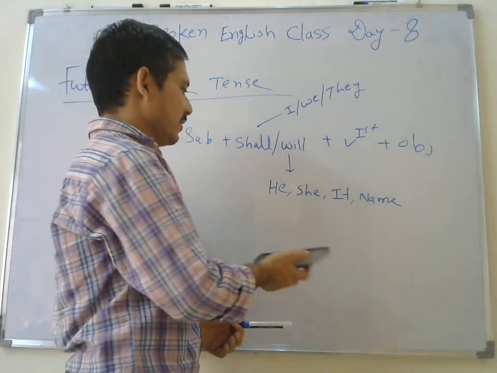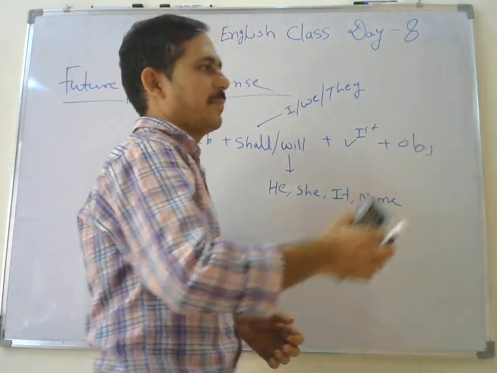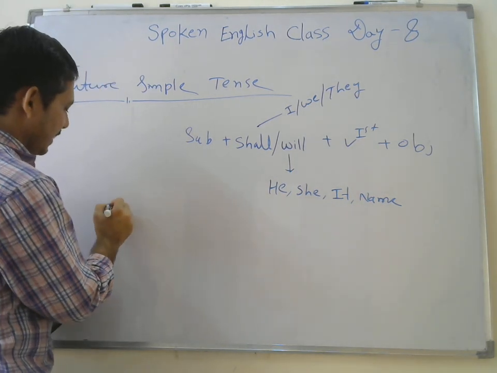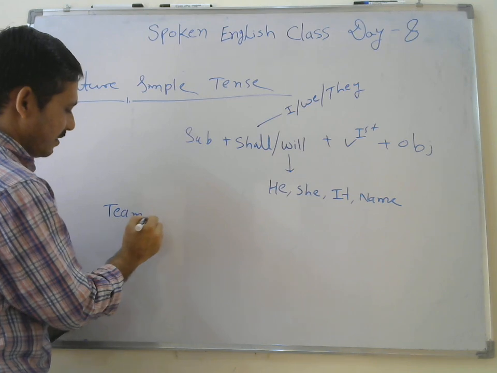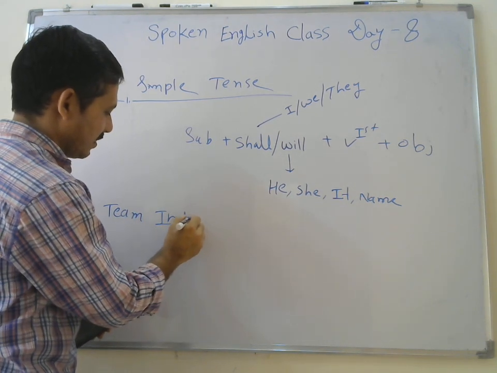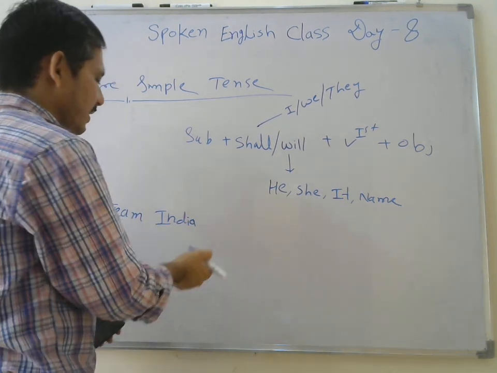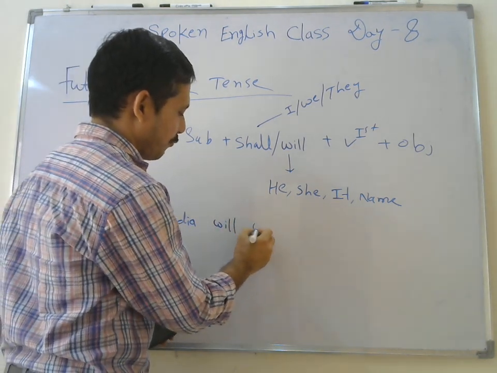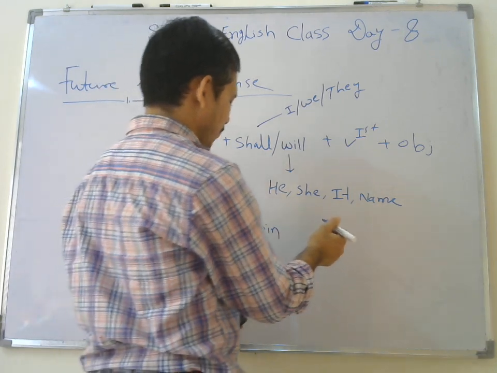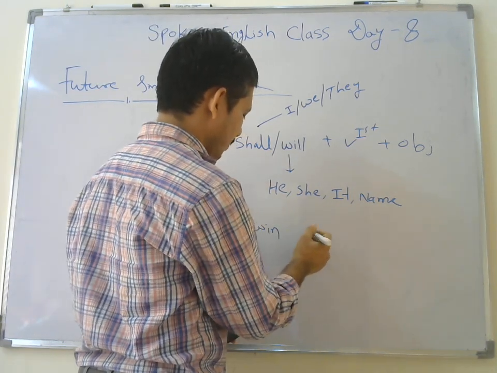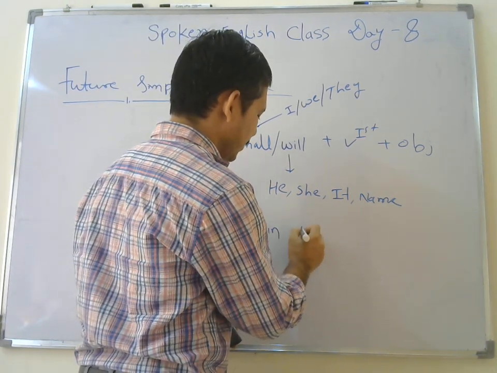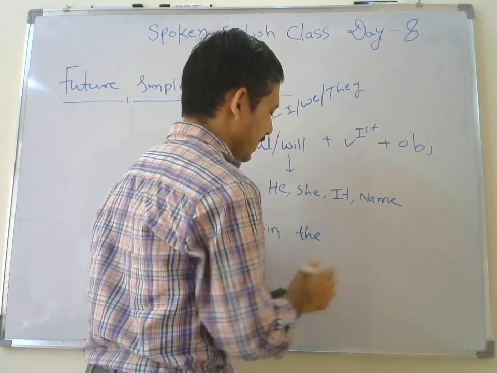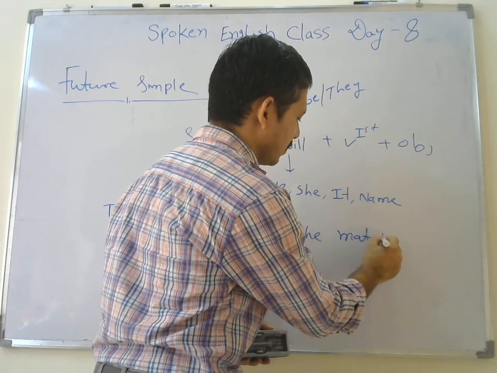It simply denotes the activity which will happen in the future, like, Team India, or Indian cricket team, will win the match tomorrow. Team India will win the match tomorrow.